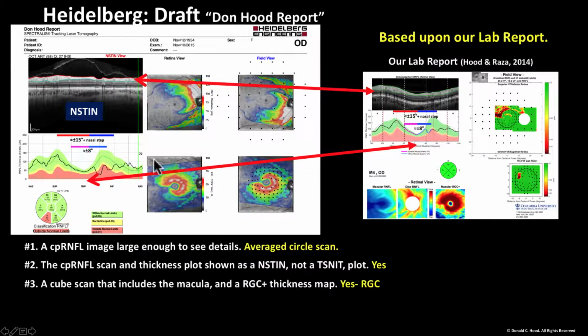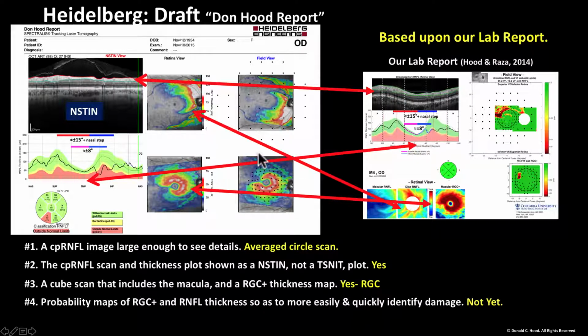The cube scan here is centered on the fovea, so that we have a nice macular thickness map here, which corresponds to this. We also have a retinal nerve fiber layer thickness map, which corresponds to this.